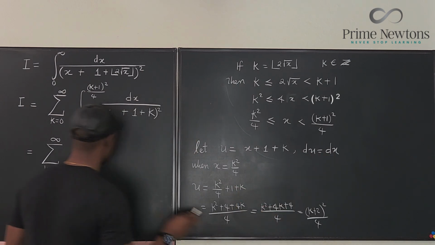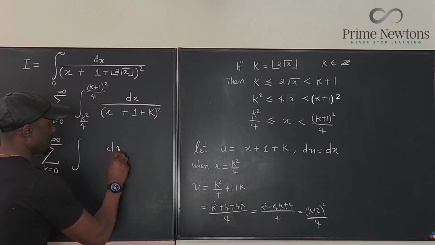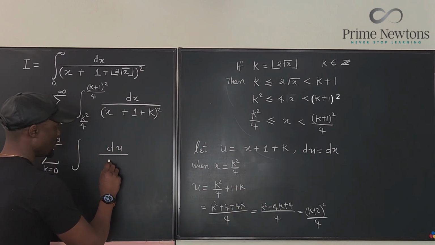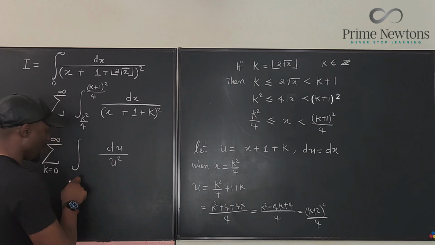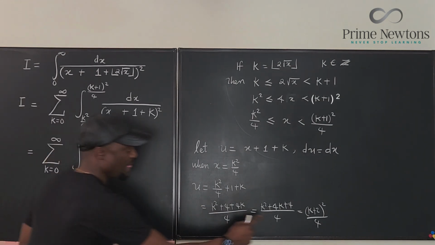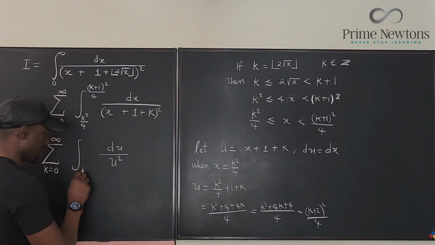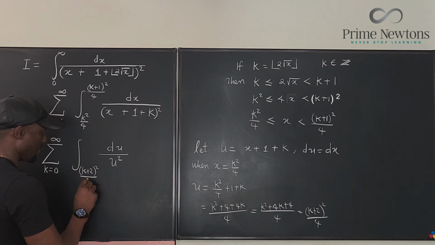Dx is du. So we can say it's basically du over u squared. But the lower limit is now this. So we can write this as k plus 2 squared over 4.